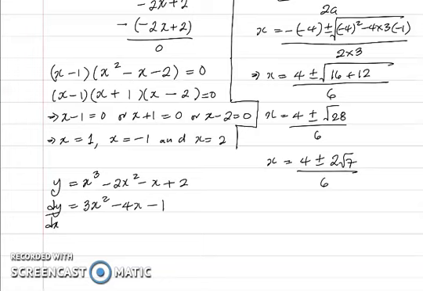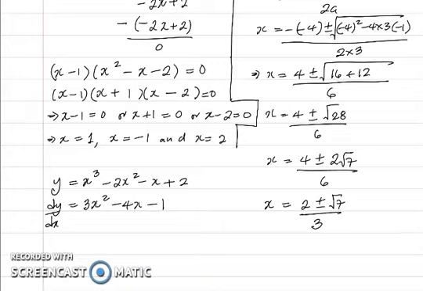If I divide both the numerator and the denominator by 2, I'm going to end up with x is equal to 2 plus or minus root 7 divided by 3. So the values of x at the turning point are x is equal to 2 plus the root of 7 over 3, and x is equal to 2 minus the root of 7 over 3.